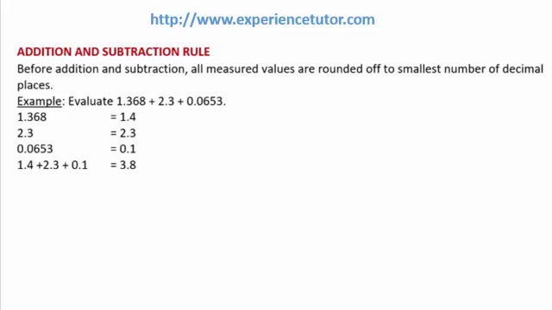Therefore, we can write 1.368 as 1.4, 2.3 we can write as 2.3, and 0.0653 we can write as 0.1. Therefore, 1.4 plus 2.3 plus 0.1 is equal to 3.8, which is the answer.